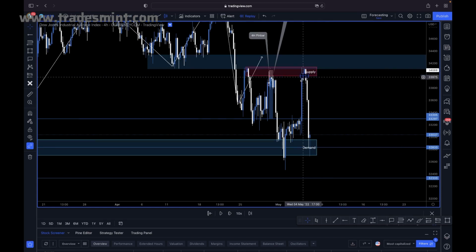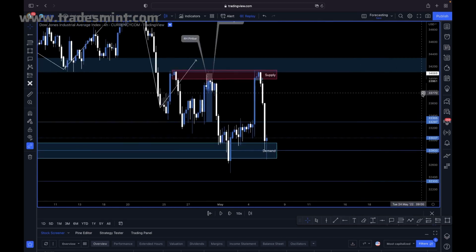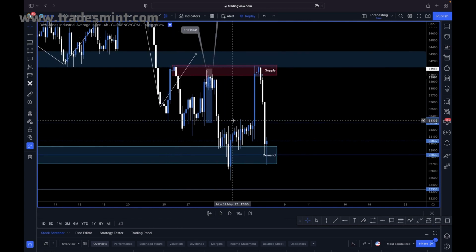So came here, back to supply. And remember, we're still in the decline. So we're going to sell at supply. You could have bought here, but for me, I don't necessarily like to buy against the momentum because I don't know.